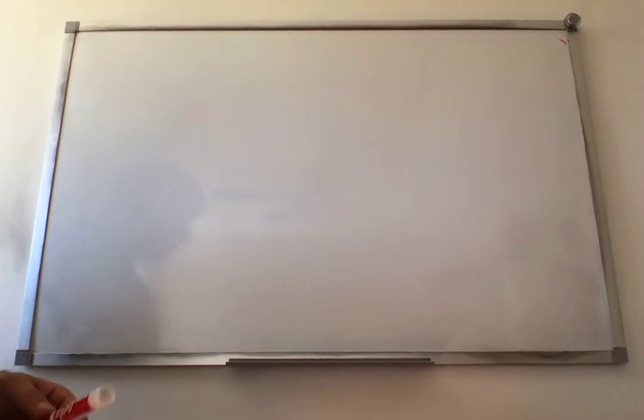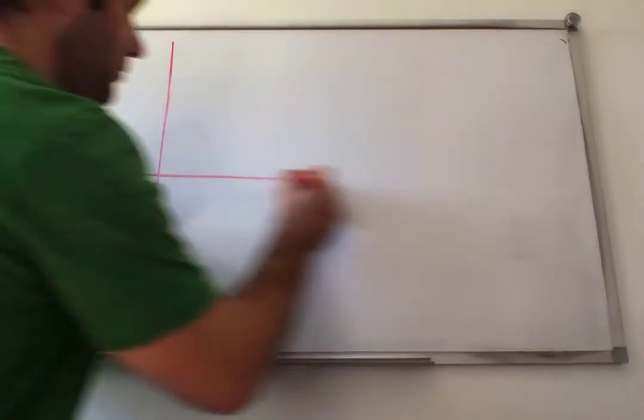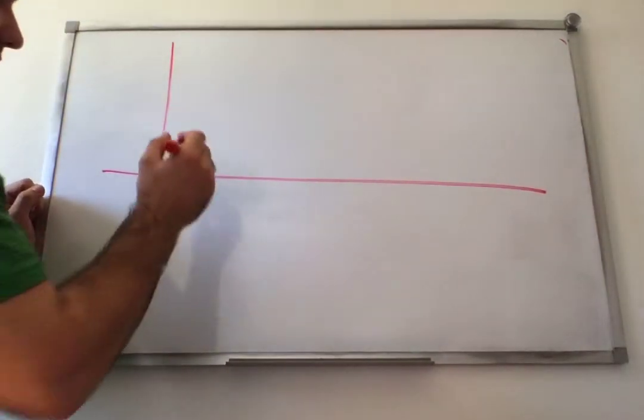Okay, now let's go ahead and do another problem. It's on page 389, number 33, and they give you a graph. I'm going to roughly sketch this graph for you. Of course, in the book, it's a lot better.